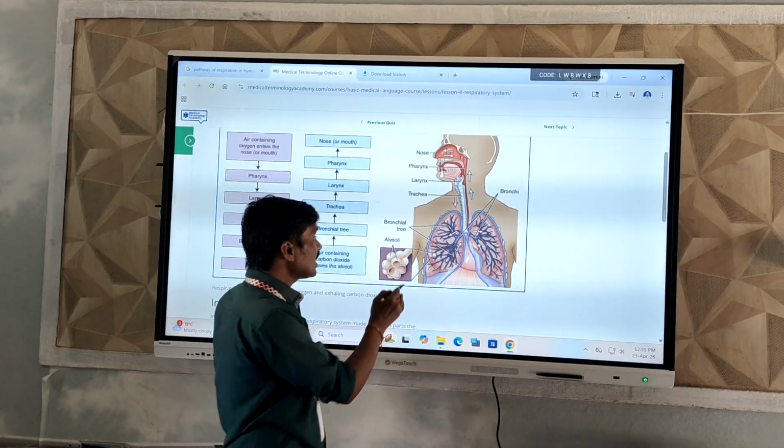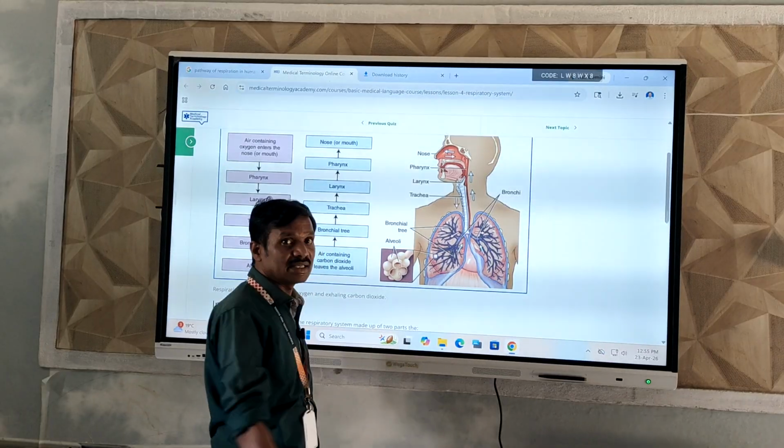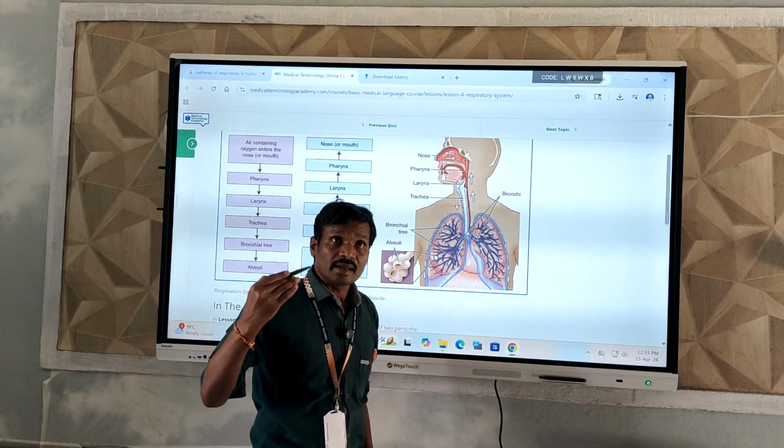After the alveoli, the transfer takes place at the cellular level.